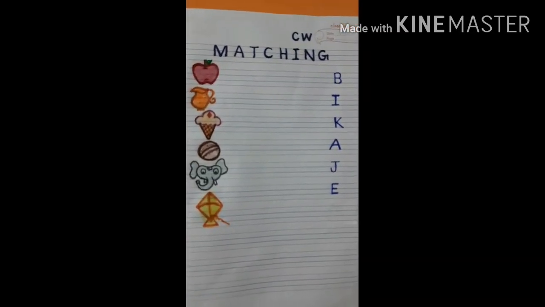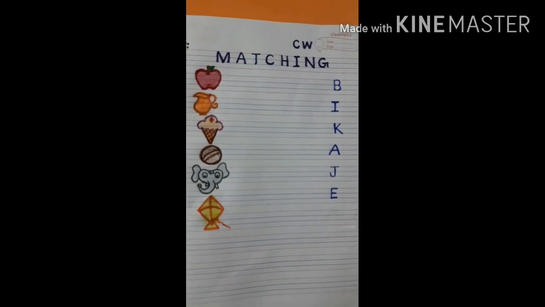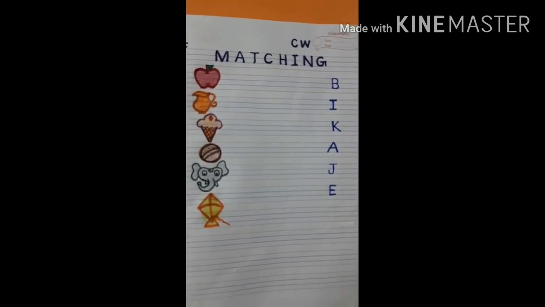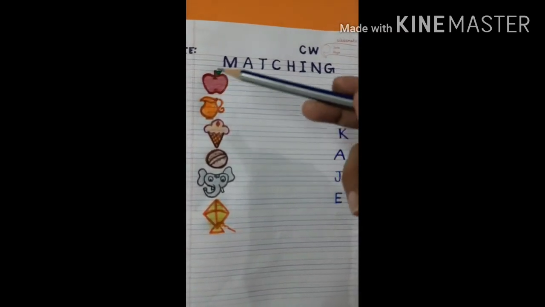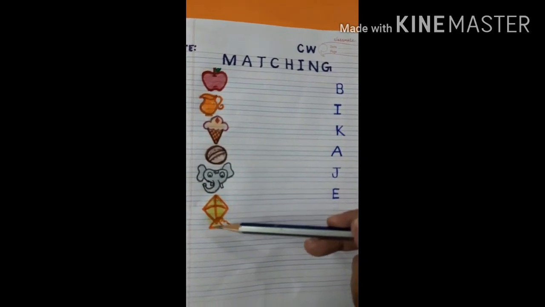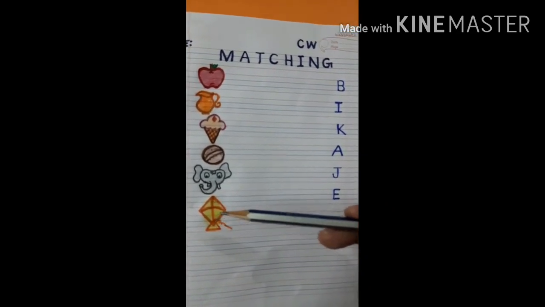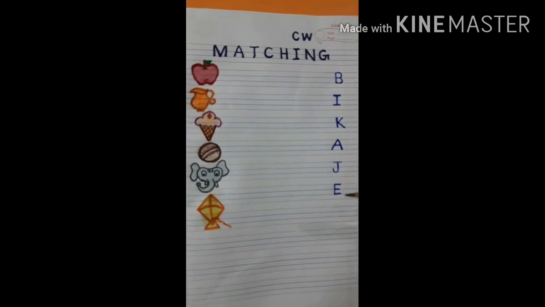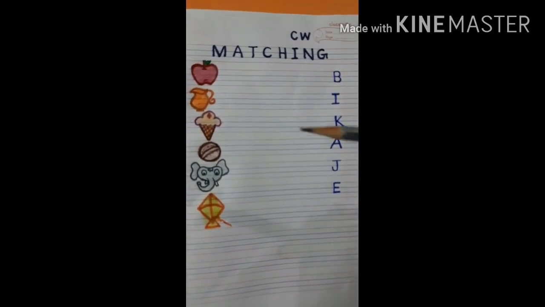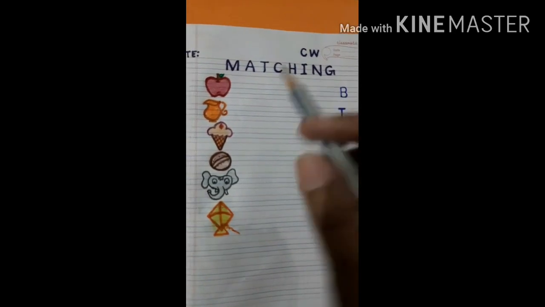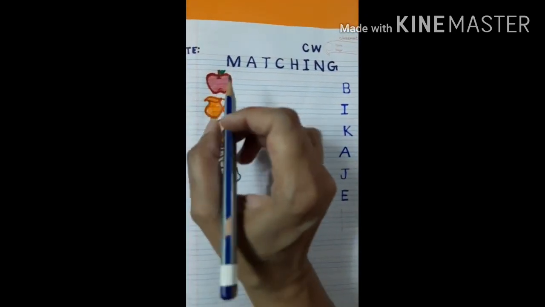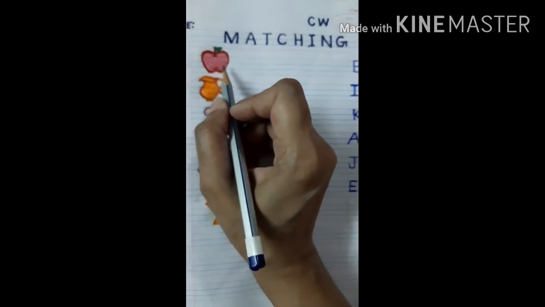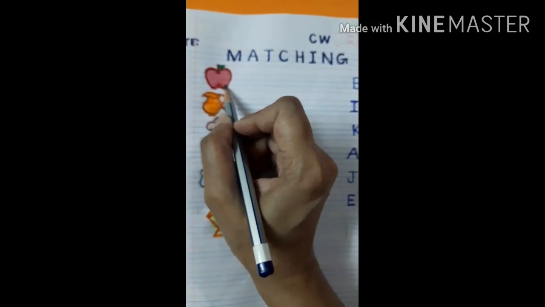Now, children, we will do matching. Okay, so look here. Here are the pictures and here are the alphabets. Now look at the first picture. This is the picture of apple.